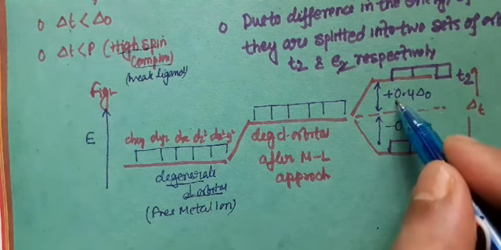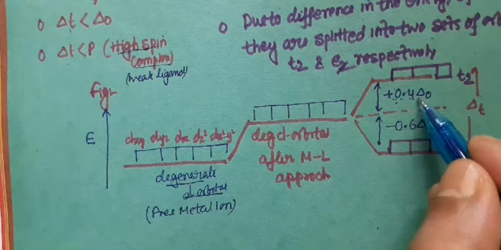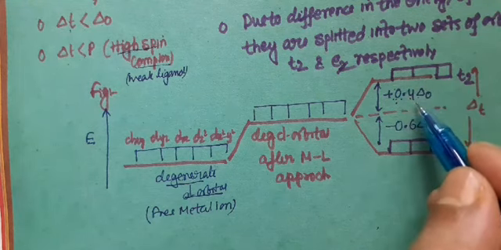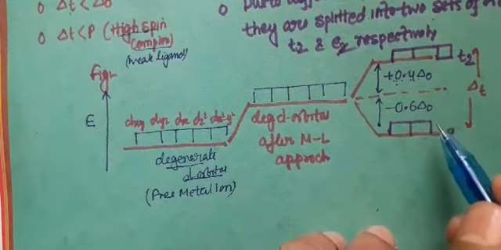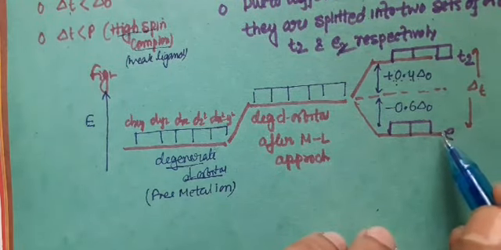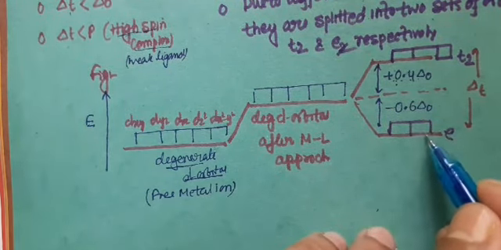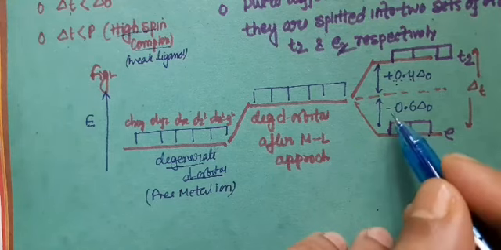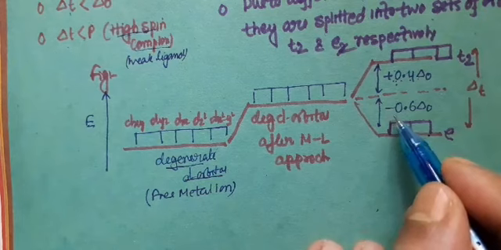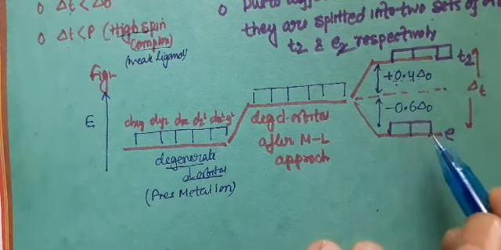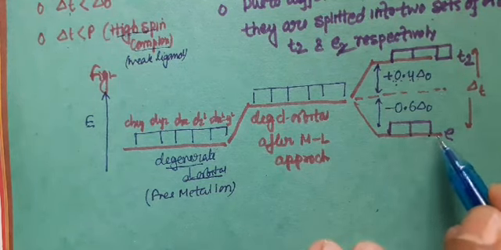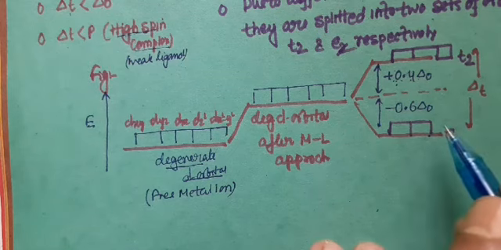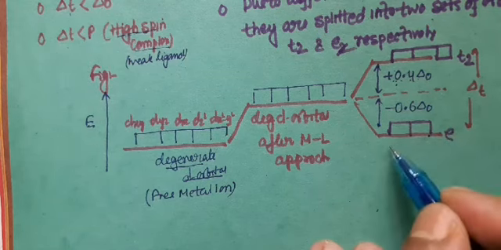Finally, it has been observed that some of the d orbitals are in the direction of approaching ligand, so their energy increases by plus 0.4 delta O. And some orbitals which are not in the direction of approaching ligand feel minimum repulsion and their energy decreases by minus 0.6 delta O, and as a result the d orbitals split into two sets of orbitals, E and T2.